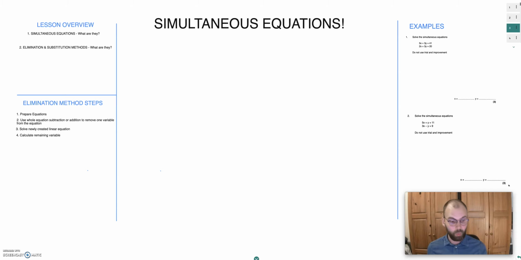Simultaneous equations, what are they? So a simultaneous equation is an equation with two variables. So for example, you could have x plus 2y equals 6. So by variables, I mean your letters, your x and your y.